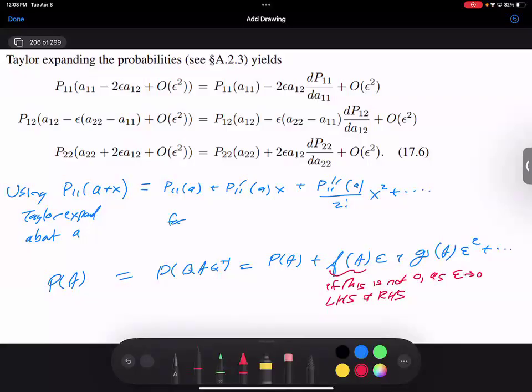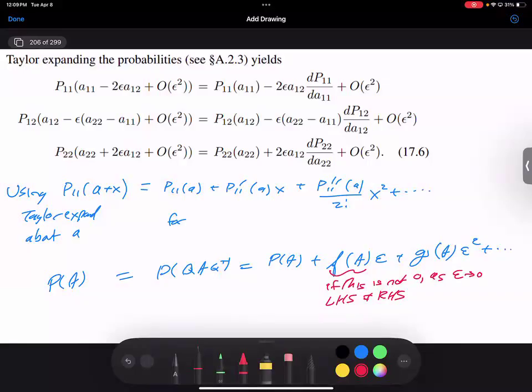We know they have to be equal for all epsilon. If epsilon is large, then it's really hard to see what's going on. But when epsilon is really small, the first order correction term dominates the second order. And if that first order correction term isn't zero, we have a problem, because no matter what the second order term is, it can't correct for it.